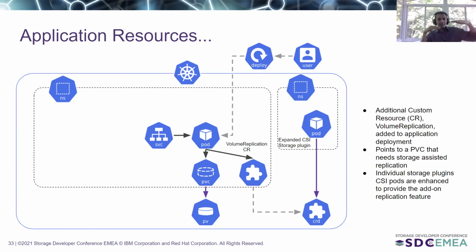That's immaterial, but at a very low level, the user could also manage the volume replication state using this particular custom resource. And of course, any storage vendor can have their CSI pods or their CSI storage plugins expanded to support the new CSI verbs, and hence provide for storage replication. So however the CR changes, the storage plugin reacts to that and makes it primary or secondary.